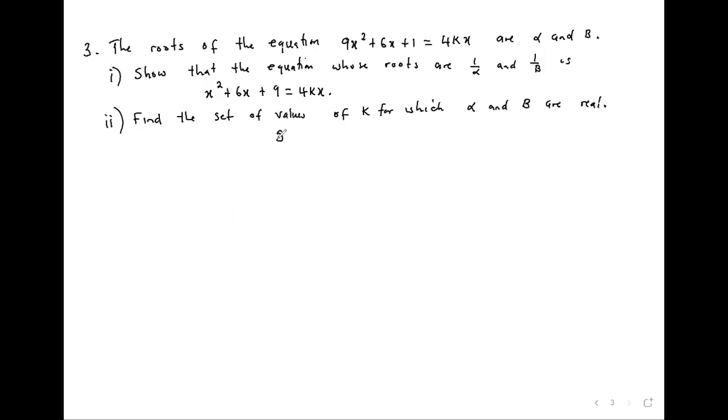We'll start with A. The quadratic has to be arranged first. 9x squared plus 6 minus 4k x plus 1 is 0. That's a standard quadratic equation.